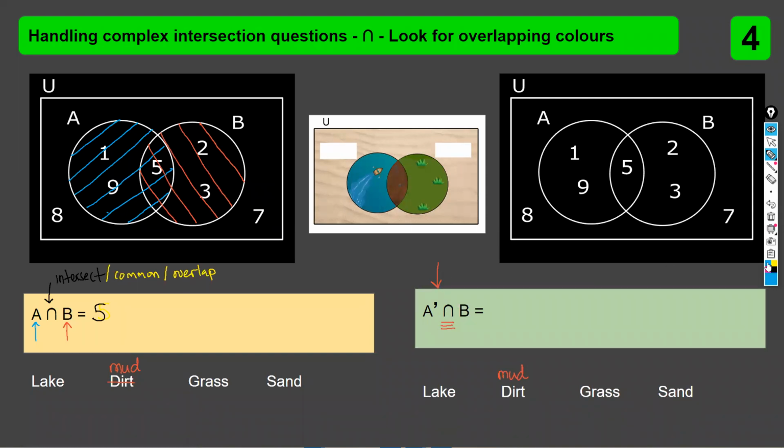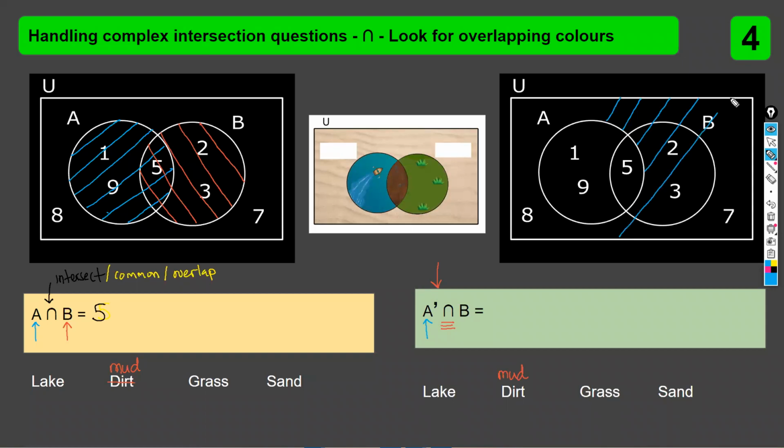So you know what we're going to do? We are going to shade who is not A first. To figure out who is not A, we have to identify the A circle. Isn't this the A circle? And we are going to shade everything outside that circle, because everything outside that circle is not A. Now look at me do this. Now when I say outside A, I mean everybody, including the southern region.